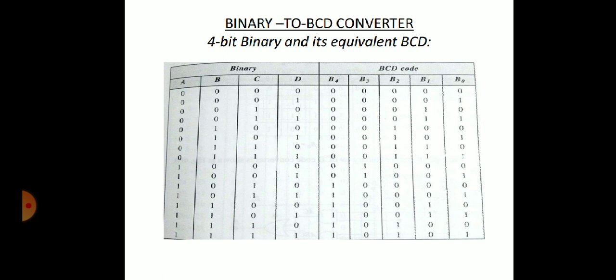Another example, suppose the last row. As we use 4 variables A, B, C, D, the representations will be 0 to 15. 15 means 1 1 1 1, the last row. So for 15, how can we represent it as a BCD code? For 5 it is 0 1 0 1. So here it is written B3, B2, B1, B0, 0 1 0 1.